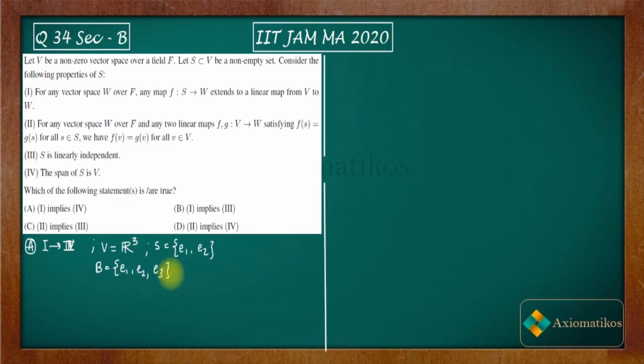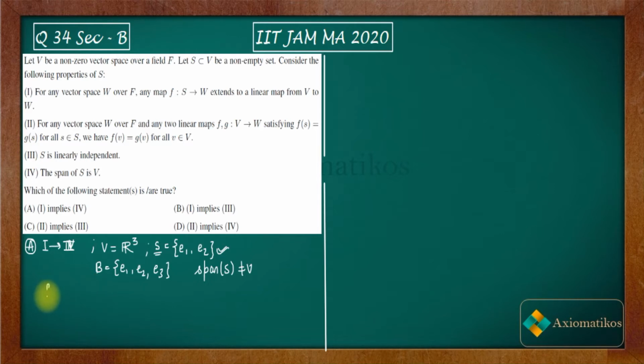Since e3 is not inside S, you can say that span of S is not equal to V. So this can be a counterexample. Up till now I haven't proved that this S will work on statement 1. That is what we need to prove.